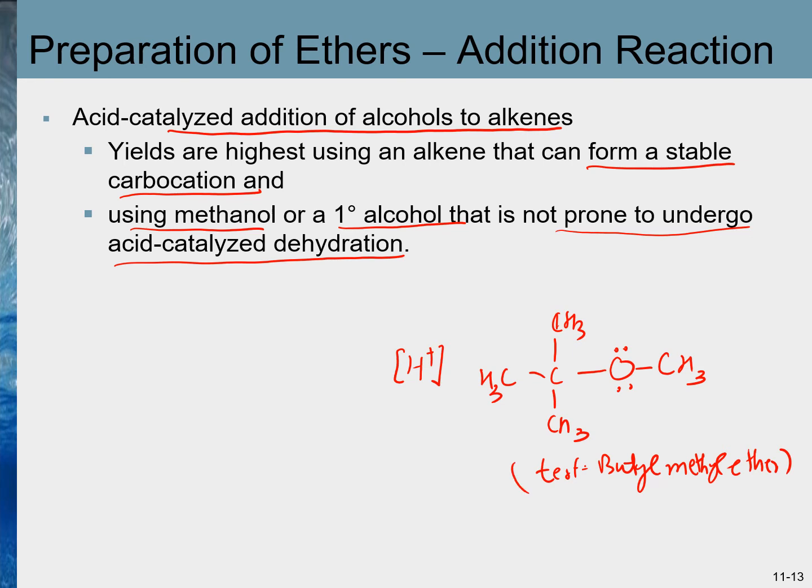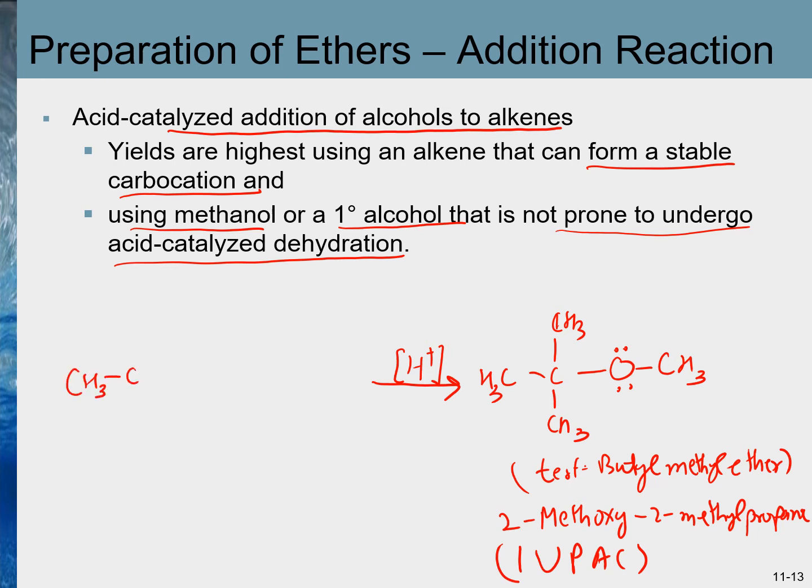By the way, tertiary butyl methyl ether is its common name, and its IUPAC name is 2-methoxy-2-methylpropane. And this ether can be synthesized by addition of methanol to 2-methyl-1-propene.